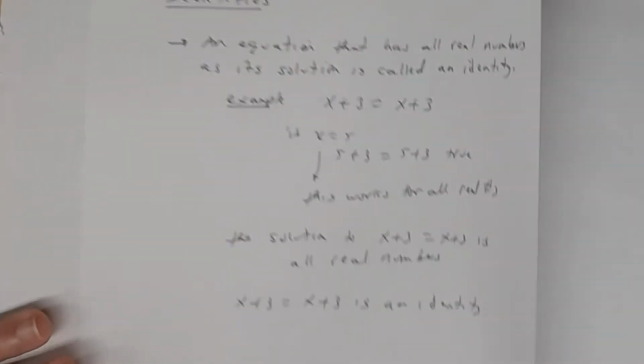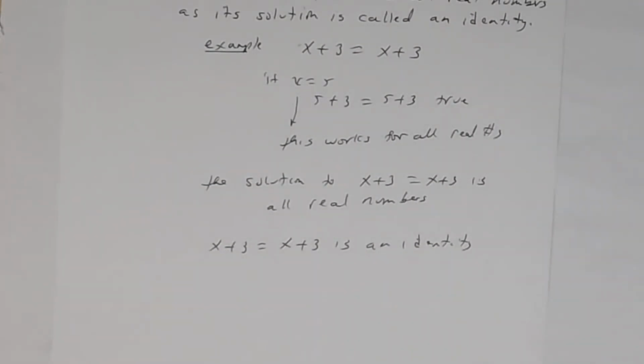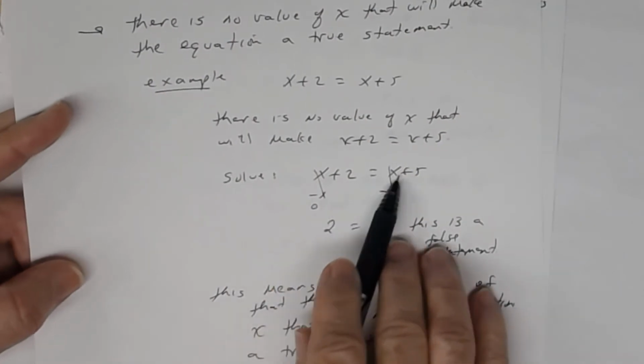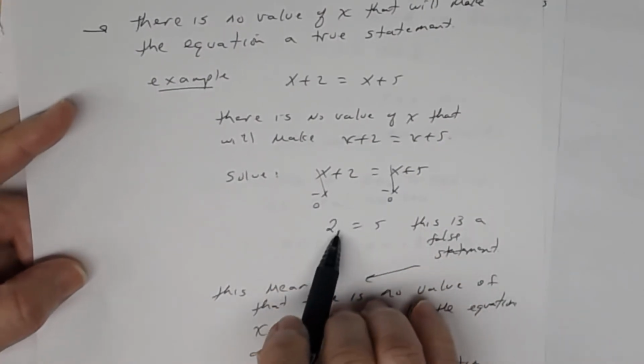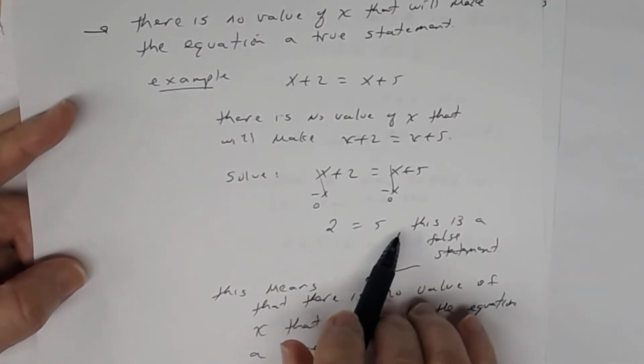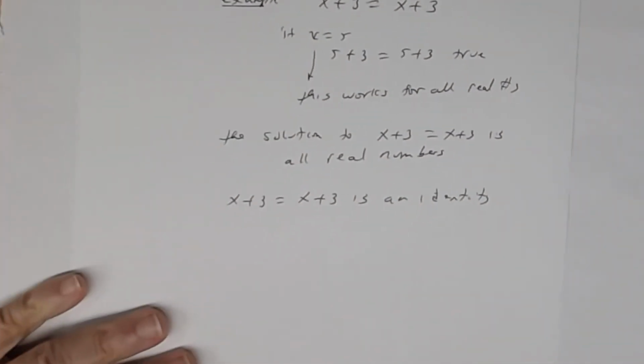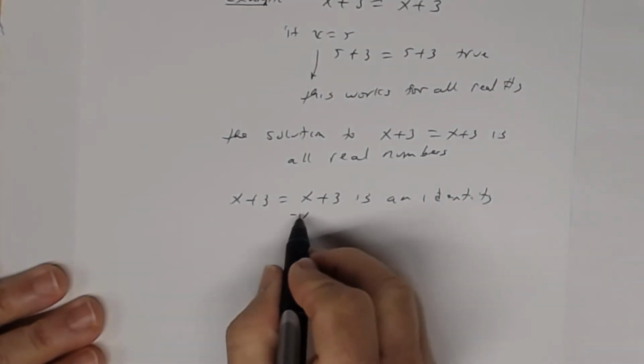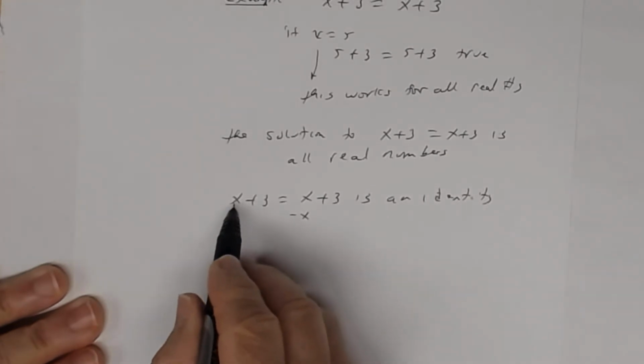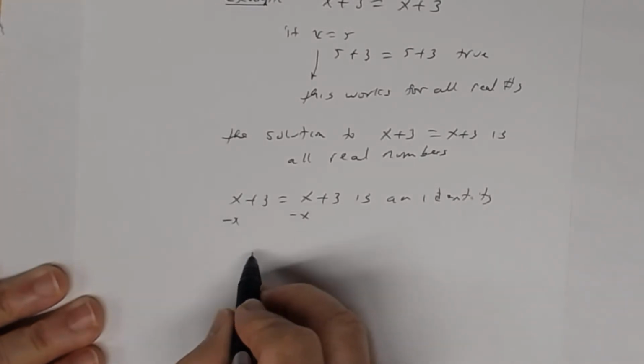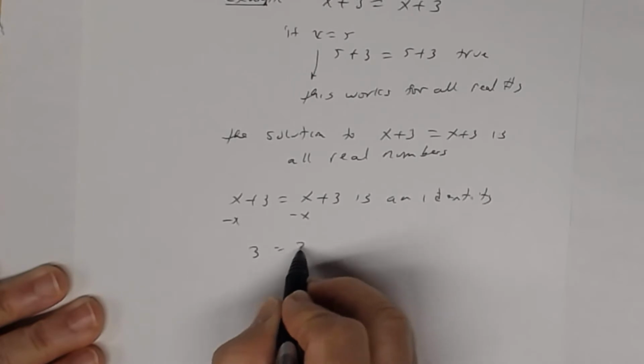Now, let me show you something. You remember when we looked at the contradiction, and we solved for x, just like we did here, and we ended up with 2 equals 5, and we saw that was a false statement. Let me show you what happens if you solve for x here. If I subtract x from all parts, the x's cancel out, so you get 3 equals 3.